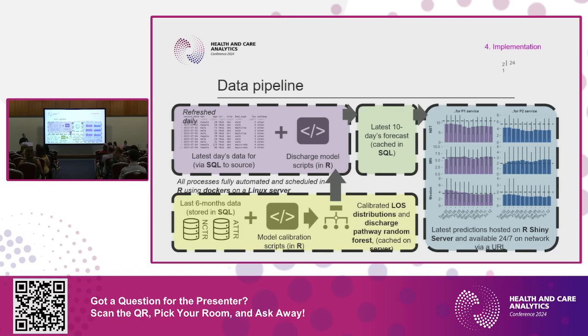This is really handy in the sense that there's often operational pressures to try and reduce length of stay, and if that length of stay does genuinely reduce and the system's now behaving differently, I would like my model to reflect that new behavior. So having a way of quickly recalibrating the system and having it pre-programmed to do that every quarter is a way of making sure that I'm keeping up with the latest behavior of the system.